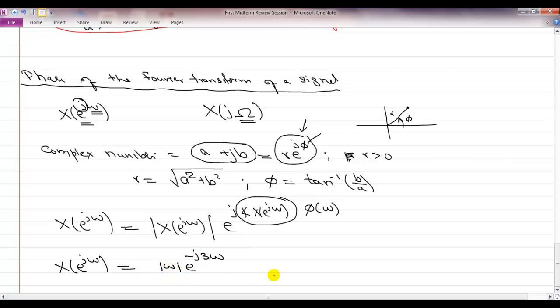What it says is that your magnitude, my X of e to the j omega absolute value, is equal to absolute omega as a function of omega. So I get this plot, up to, of course, omega less than or equal to pi.